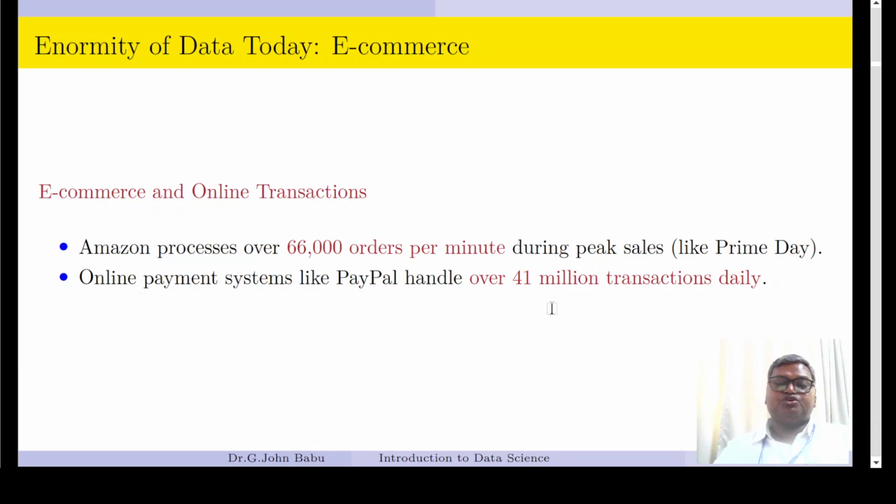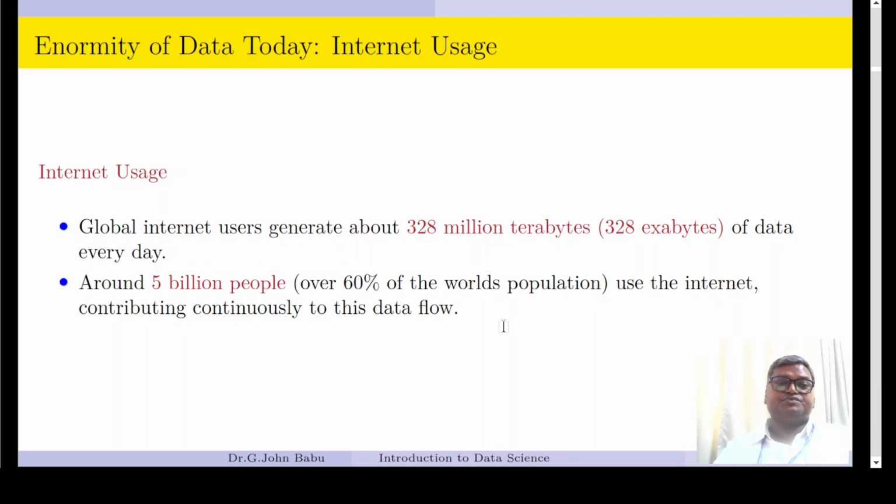Then Amazon online marketing, they process 66,000 orders per minute during peak sales. Online payment systems like PayPal or PhonePe, for example PayPal, handle 41 million transactions daily. Internet usage, global internet users generate about 328 million terabytes, that is exabytes, of data every day.